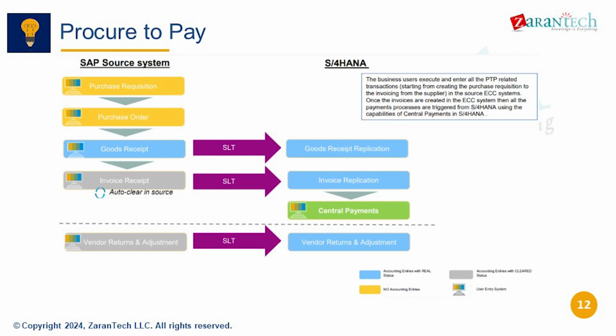Central Payments takes over payment-related activities next. Payment proposals get generated to fund clearing open vendor bills, and bank transfers through payment runs square those payables. Payment confirmation updates vendor invoice status centrally.